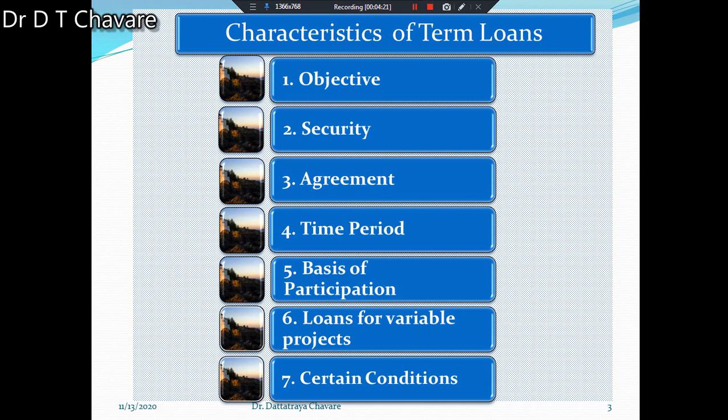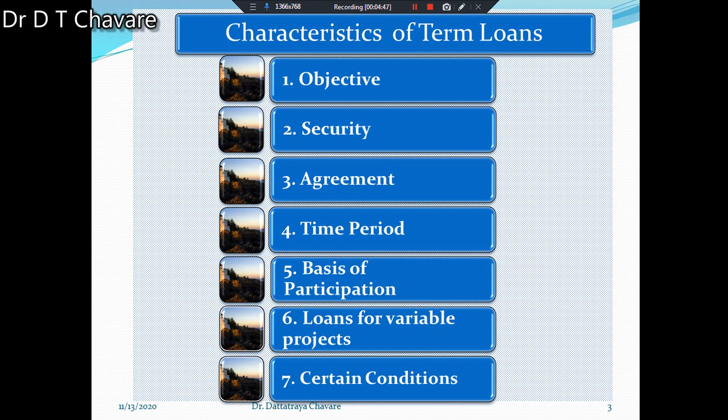Next characteristic we have to understand is the time period. The term loans are given for a period ranging from 1 to 15 years. I have already told you at the time of the definition also. The repayment schedule and the installments are fixed in advance.